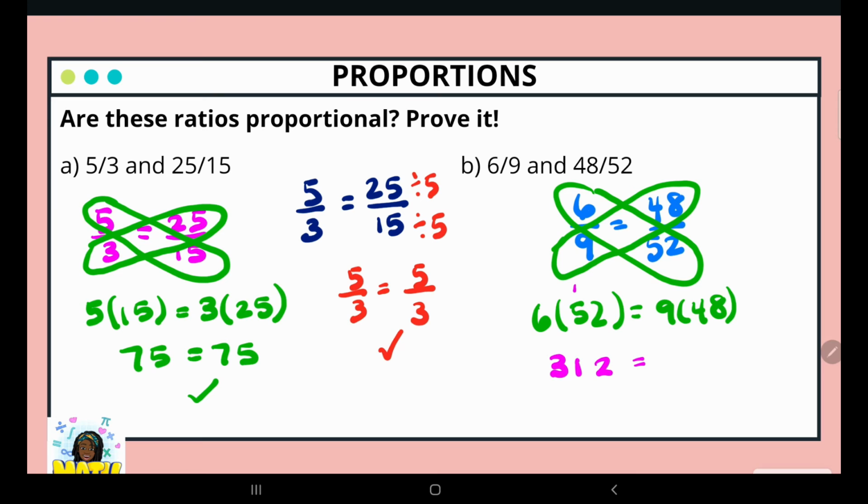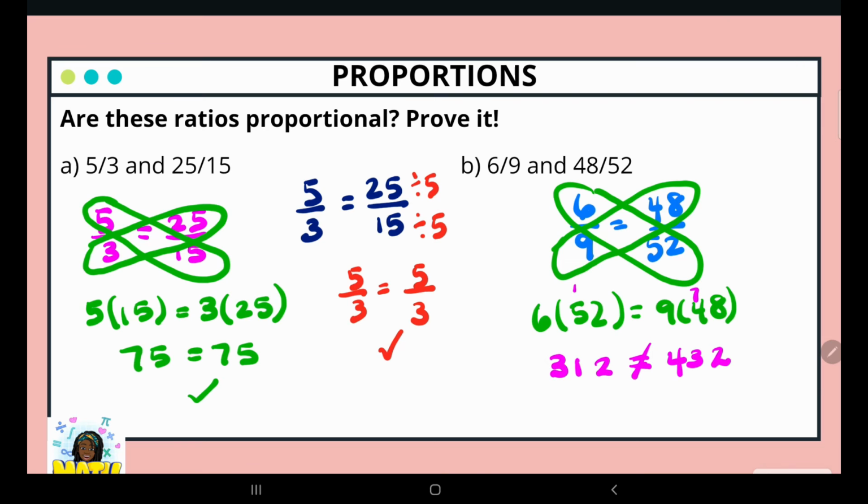Now let's do 9 times 48. 9 times 8 is 72. 9 times 4 is 36, plus 7 is 43, so 432. So here we have that these two are not equal because 312 is not equal to 432.